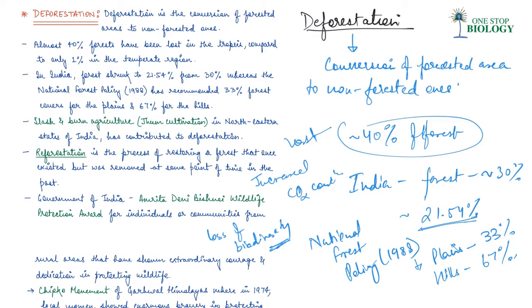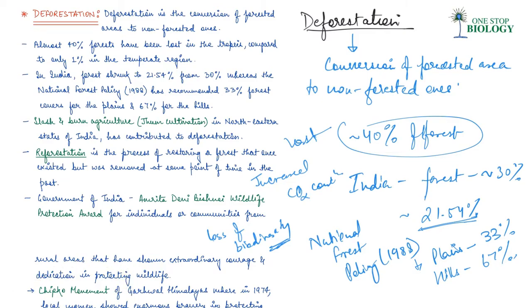So after Chipko movement, basically that happens in Garhwal, Himalayas, where local women in 1974 showed enormous bravery by protecting the trees. What they did is they hugged those trees and they were standing there for so many hours. So basically, they waited till the contractors who were sent to cut down these trees went away, right? And now all over the world, this became famous as Chipko movement, right?